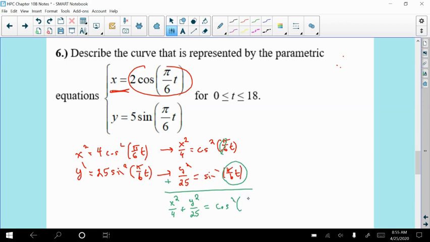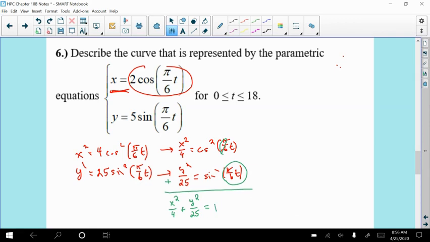It doesn't matter that there's a variable in it, because the Pythagorean identity says that as long as your angles are the same, sine squared plus cosine squared equals 1. So this whole thing can be thought of as just a 1. So we'll erase that and substitute it in as a 1. And we've eliminated the parameter. And so then we get 1.